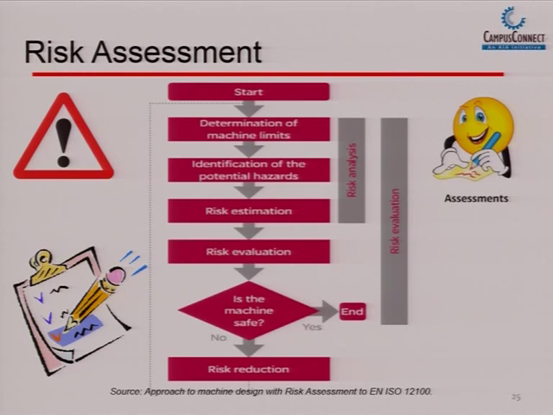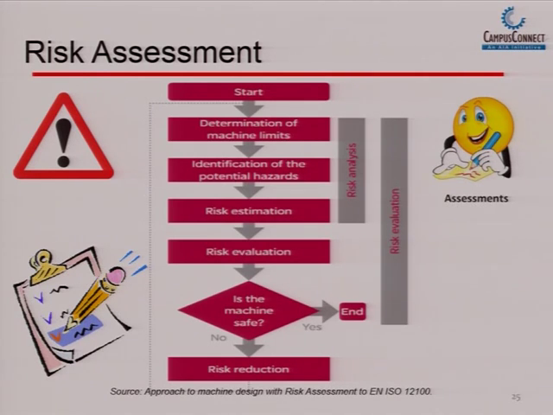Now we talk about risk assessment. This is the procedure of risk assessment that we follow. Is our machine safe? What is the definition of the machine limits? Suppose you have a robot, this is the area in which the robot should operate, and it should not go beyond this.